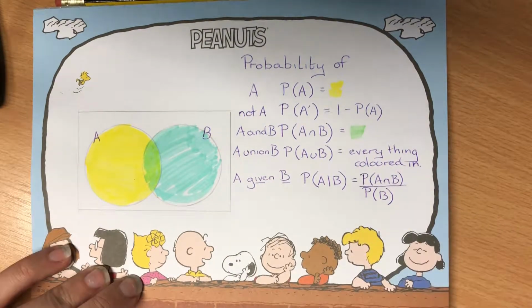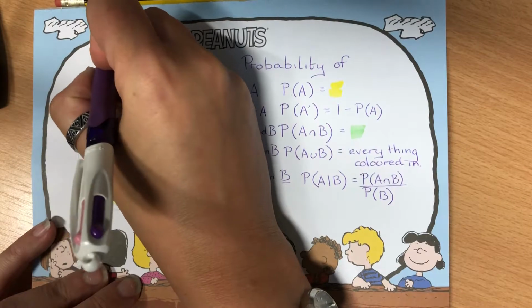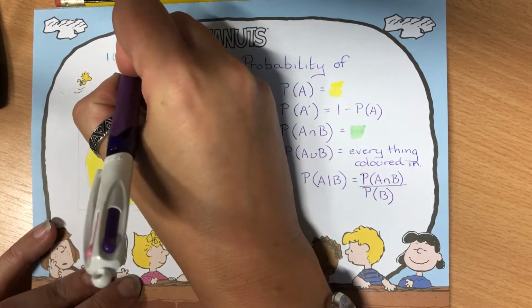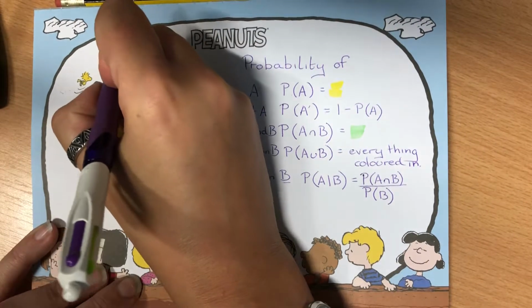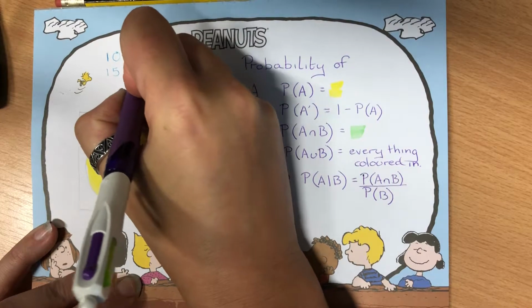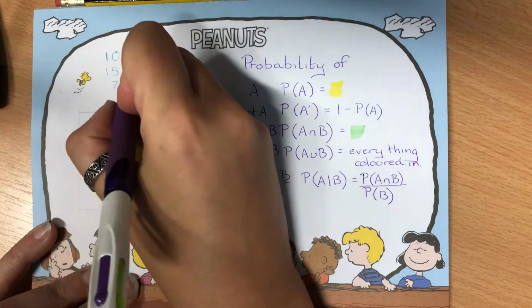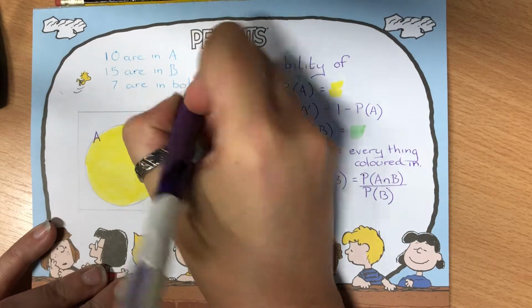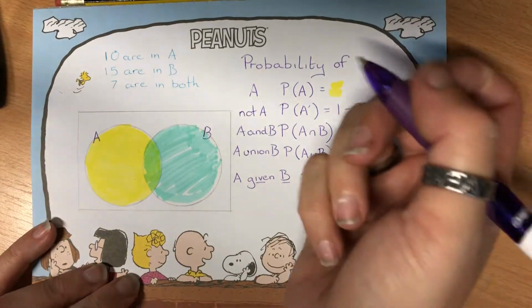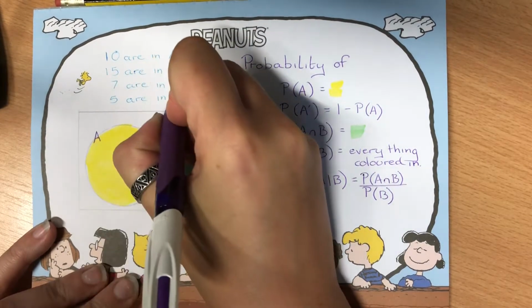So for something like this, you quite often get told something along the lines of 10 are in A, 15 are in B, 7 are in both, 5 are in neither.